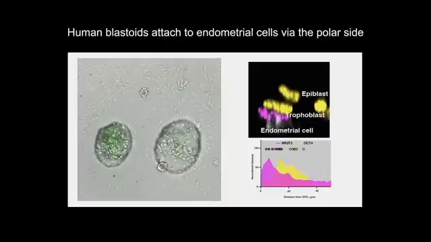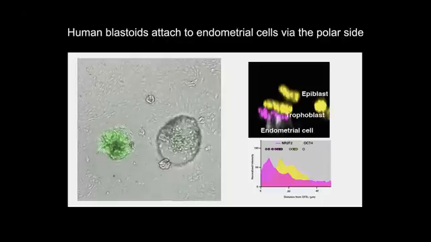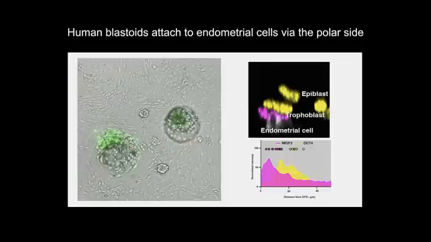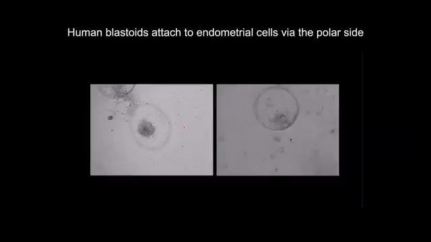And beyond this, in this movie, you can see that before attaching, the blastoids orientate and position themselves with the polar side down. And this is not anecdotal, but this actually happens very robustly. And this is suggesting that the blastoids are forming those sticky cells that we were talking about previously, and that they are forming them at the right spot, which allows for the adhesion to the endometrium.